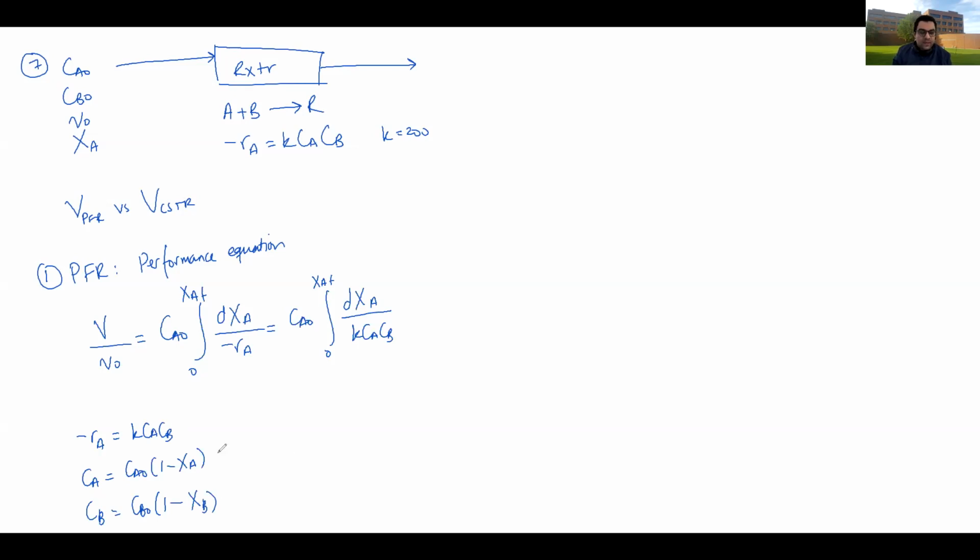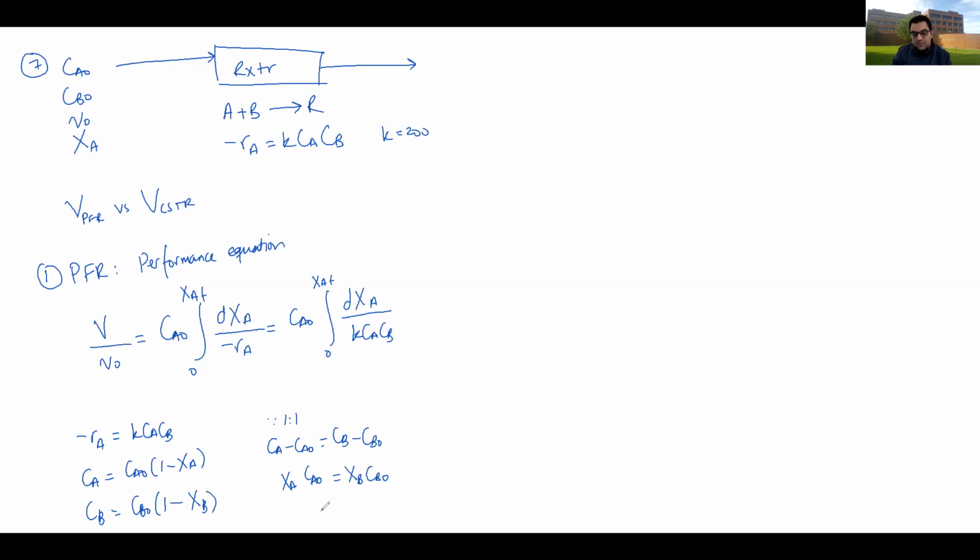We also know that because it's a one-to-one reaction, n moles of A reacting will be equal to n moles of B reacting. So this means that CA minus CA naught is equal to CB minus CB naught. Looking at these equations, this means that XA CA naught is equal to XB CB naught.